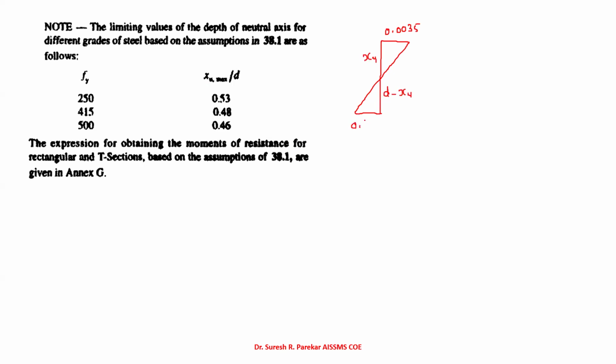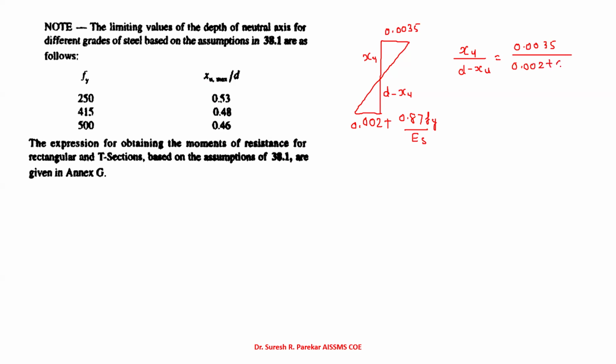Here we have 0.002 plus 0.87 Fy upon ES. Then we have XU upon D minus XU equal to 0.0035. You should be in a position to answer like this.